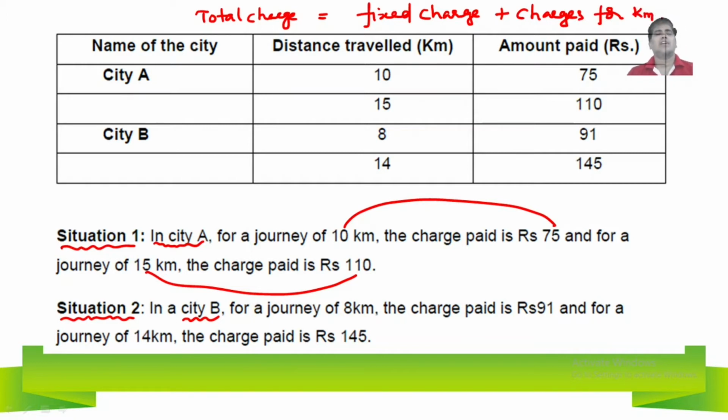So the total charge is calculated based on the fixed charge plus the charge per kilometer. Based on this, we can write the pair of linear equations in two variables.